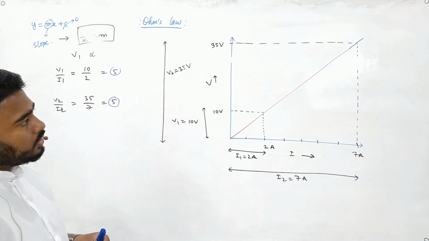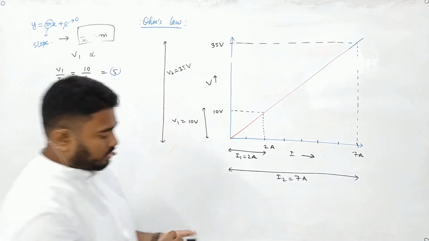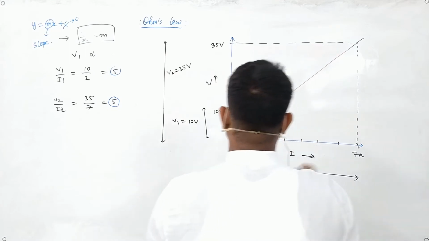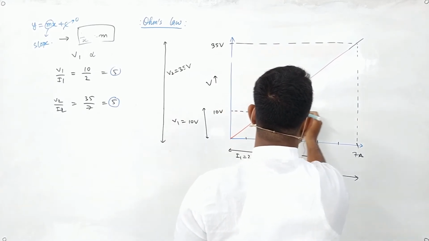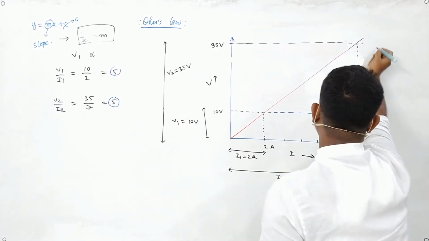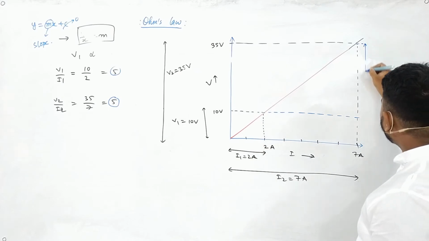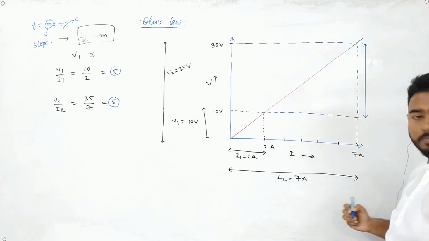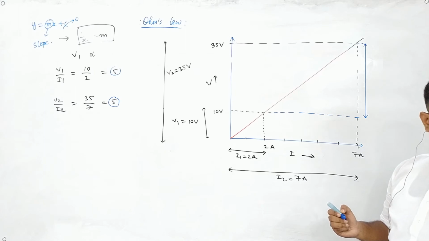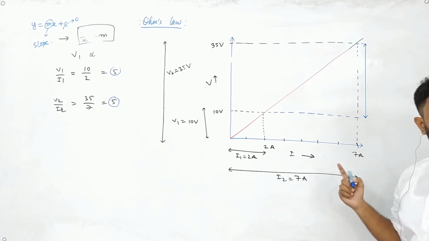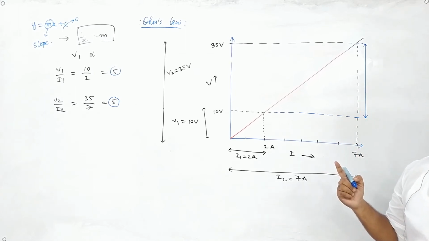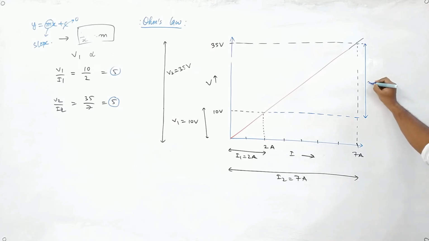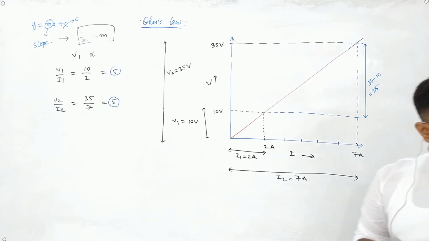Now let us see the difference. Let us draw one more thing here and here. Can you tell me what will be this much voltage? 35 minus 10. Very good. This is 35 minus 10. That will be 25, right?